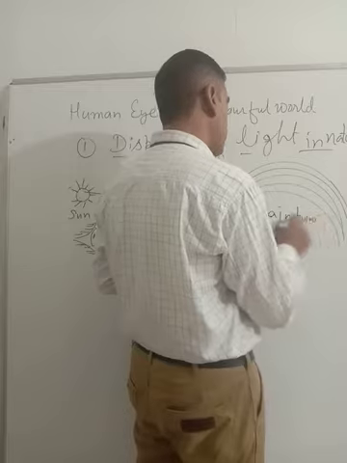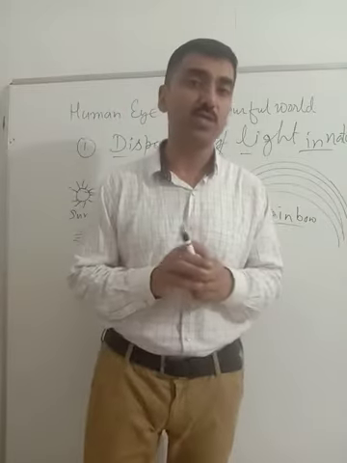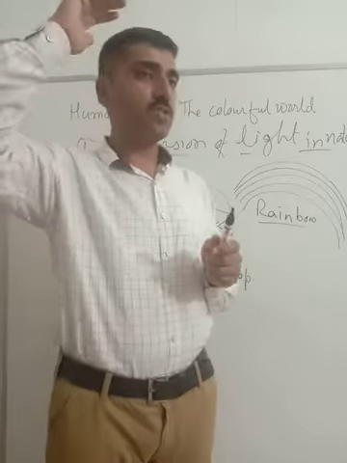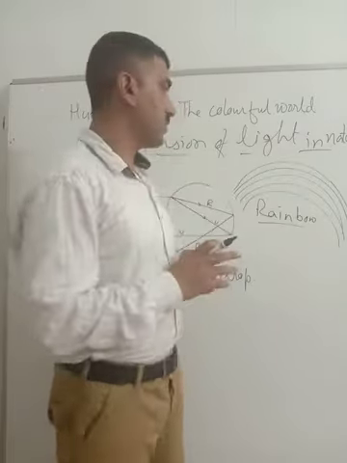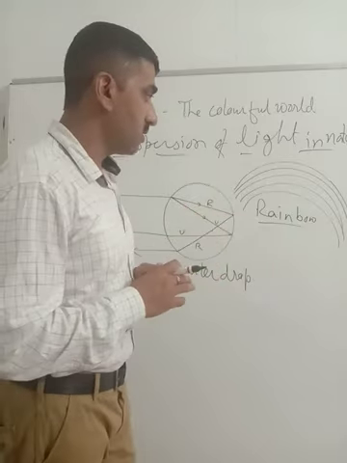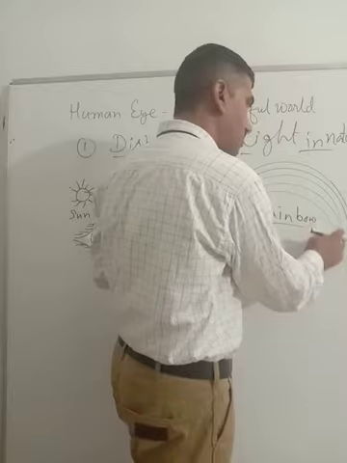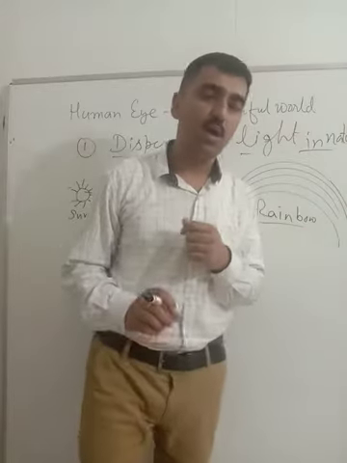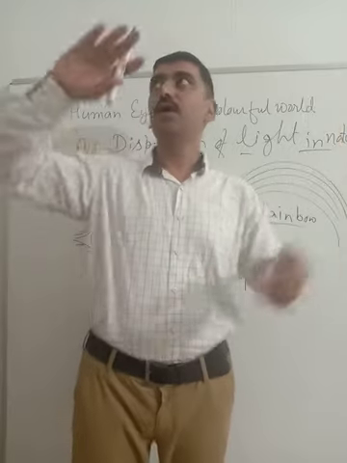How does it occur? It looks like a very beautiful phenomenon. What are the conditions to see the rainbow? The sun should be just behind your back, in front of your eyes. Only then can you observe this particular phenomenon. I can tell you my personal experience, that I have seen a rainbow occurring from one river to the other river.